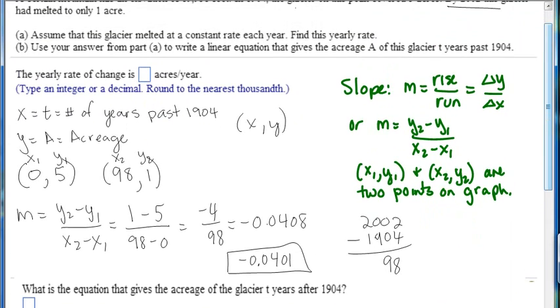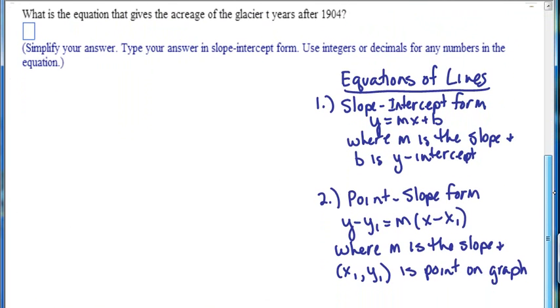Let's go down to part B. Scrolling down, I've written the equations here. One is slope-intercept form: y equals mx plus b, where m is the slope and b is the y-intercept. The other formula we know for the equation of a line is point-slope form: y minus y1 equals m times x minus x1, where m is the slope and x1, y1 is a point on the graph.